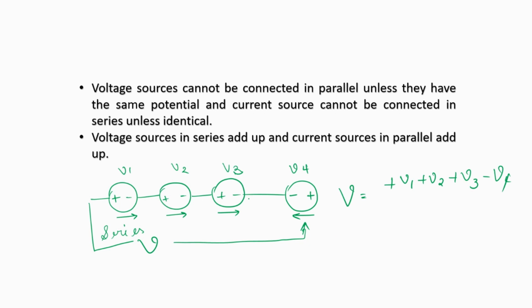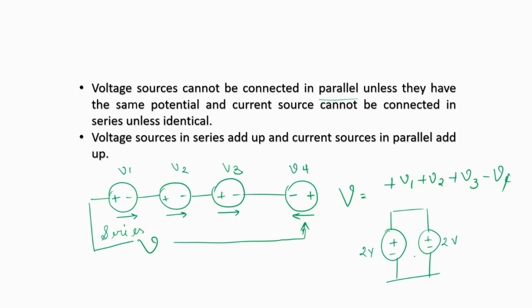So here the voltage sources are connected in series, but these voltage sources cannot be connected in parallel unless they have the same potential. So unless V1 and V2 are having the same value of voltage, they cannot be connected in this manner in parallel with each other.